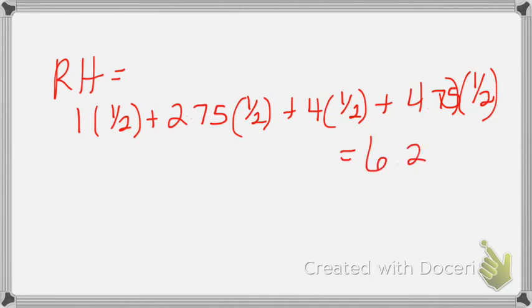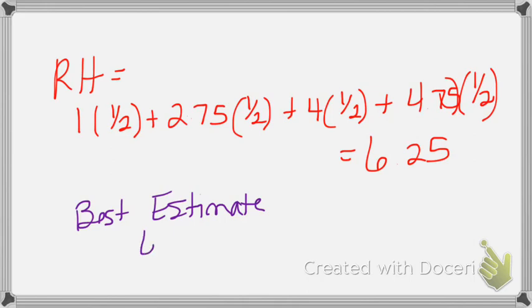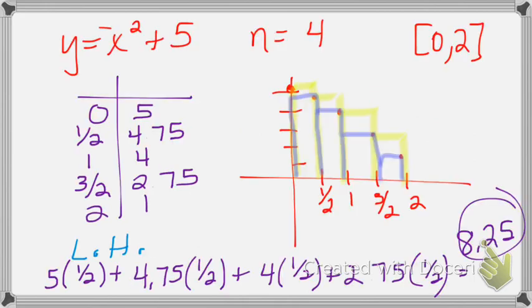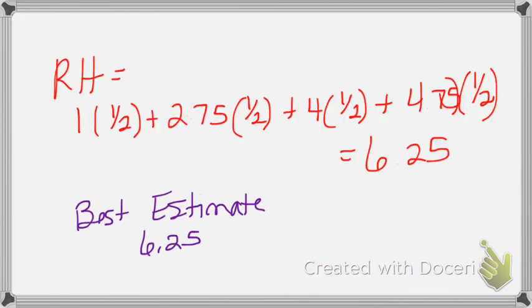You work that out, you get 6.25. So if I find my best estimate on this problem, which pretty much means I want to average this 6.25 and the 8.25 that I got on that one, I think it's 7.25.